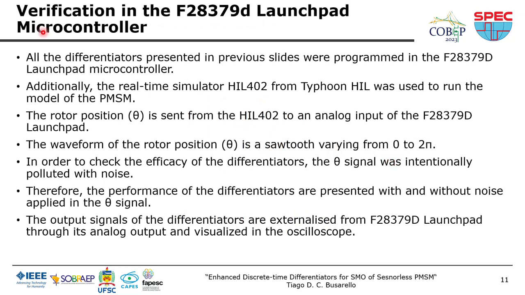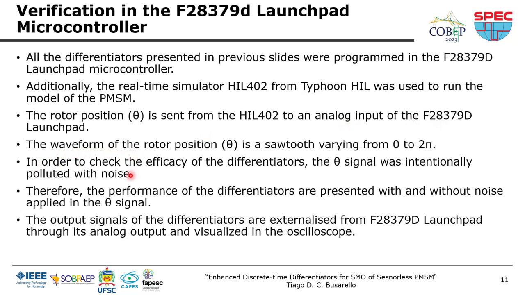Verifications in the F28379 Launchpad microcontroller. All the differentiators proposed in these previous slides were programmed into this Launchpad. Additionally, a real-time simulator, HIL 402 from Typhoon HIL, was used to run the model of the machine. The rotor position is sent from the HIL to an analog input of the Launchpad.